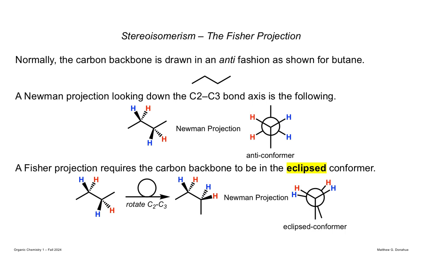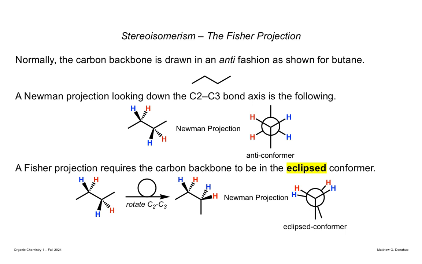And then in the bottom sort of scheme, what am I going to do? I'm going to take this methyl group. And instead of them now being anti, they're going to be eclipsed. And so notice the color change.